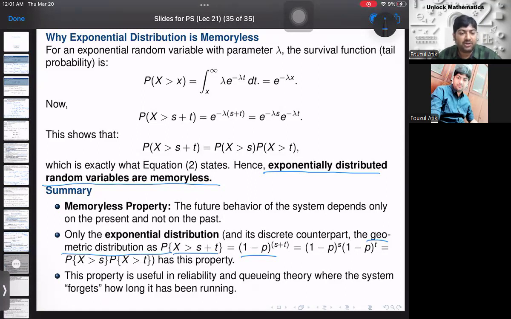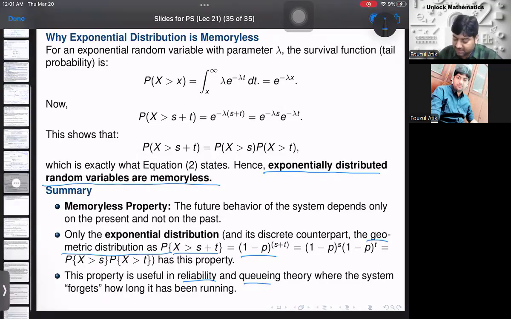So in continuous random variables, the exponential distribution, and in discrete random variables, the geometric distribution, both have the memoryless property. And this property is useful in reliability and queuing theory, where the system forgets how long it has been running. I hope you understand what this memoryless property is, which is very interesting in nature.